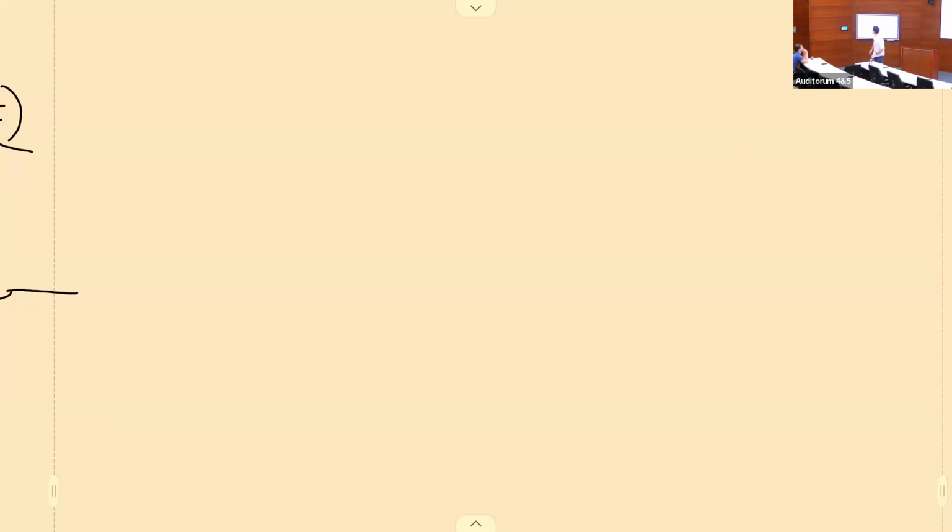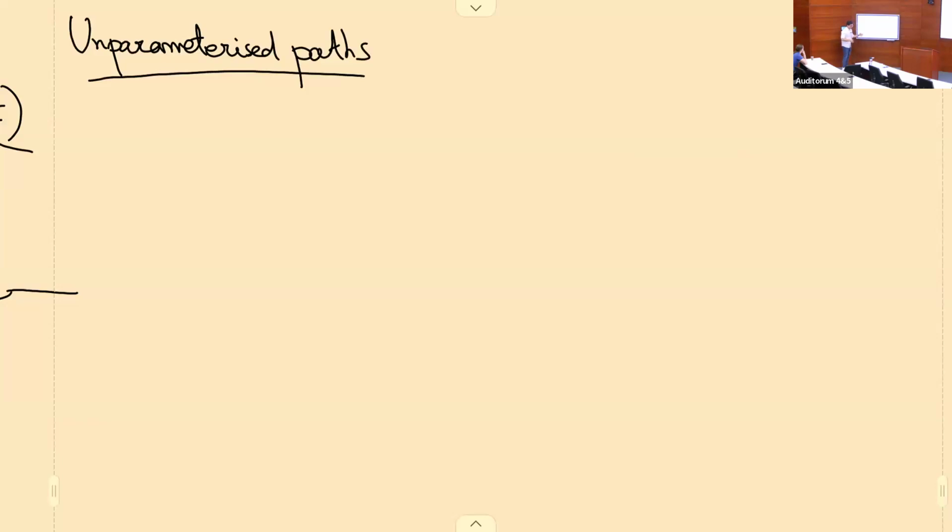Right, so the next part that I wanted to talk about is unparameterized paths, where I will try to put together all these properties in a coherent way and explain one of the main reasons why we want to use signatures in machine learning.